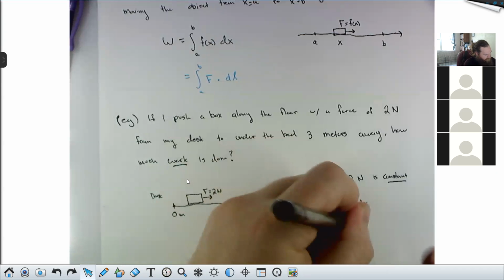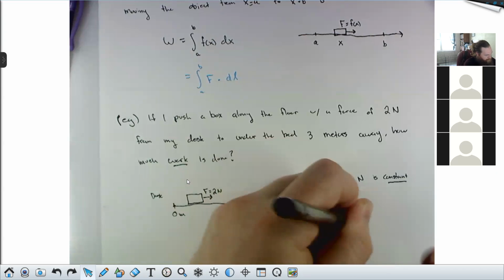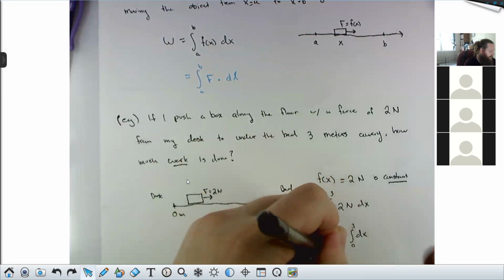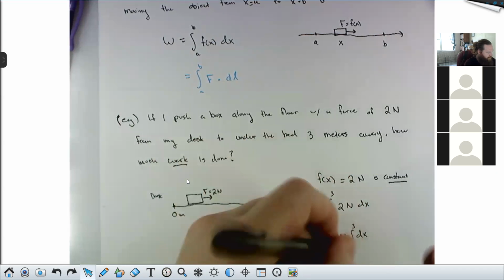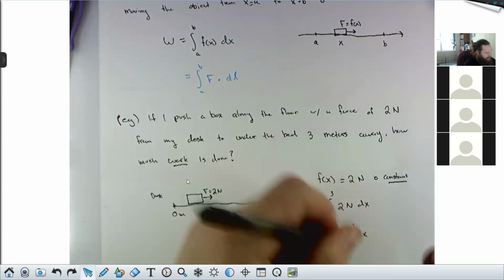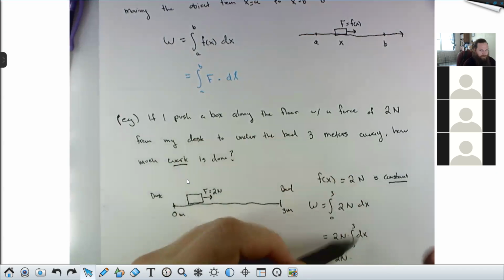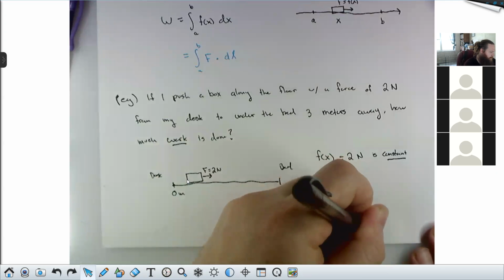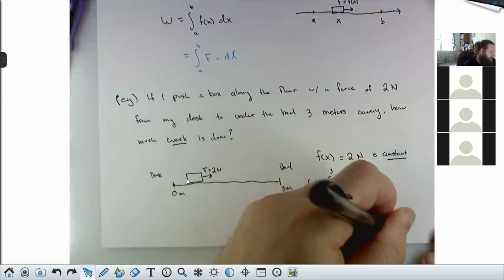So that's 2 newtons times the integral from 0 to 3 of dx. And distance here, remember, is being measured in meters. So that's 2 newtons times the integral of dx, which is just x. So this would be 3 meters, which is 6 newton meters.